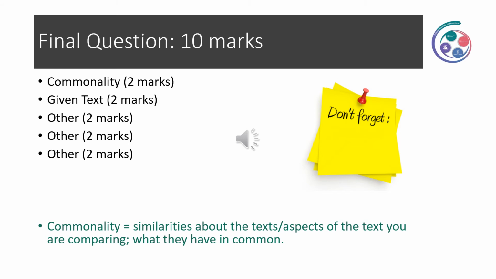For commonality, you can only gain 2 marks. The same for the given text, so despite the fact that you have the text in front of you and you could probably say quite a lot about it, you can only get 2 marks for that. After that, you have to move on to 3 other points from other texts or other areas of the text if it's a longer text that you're studying.